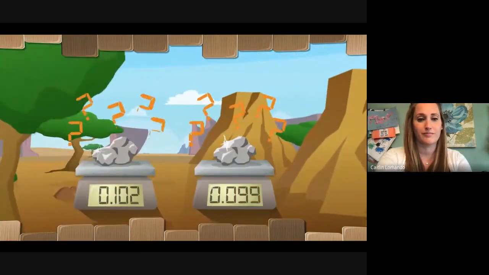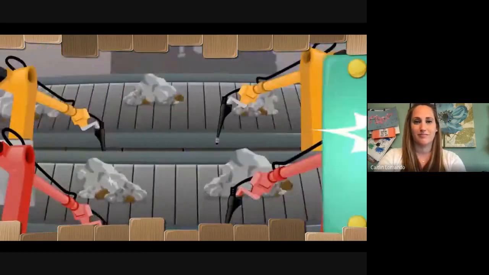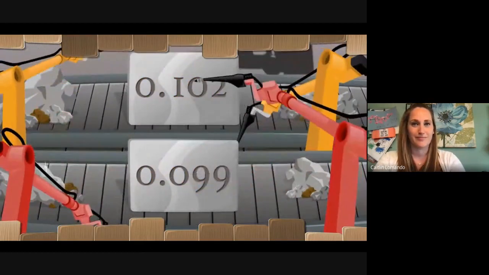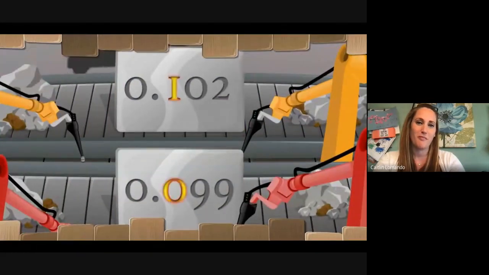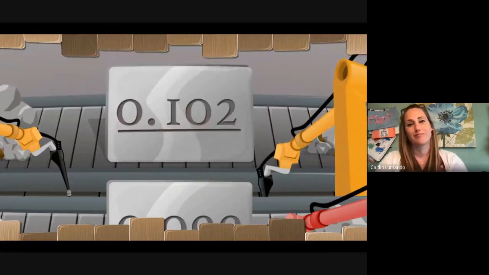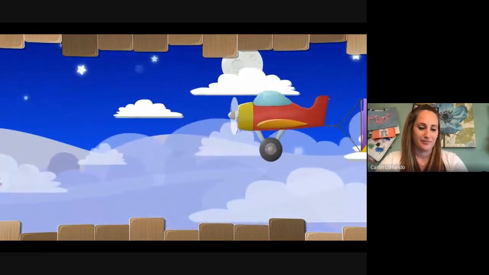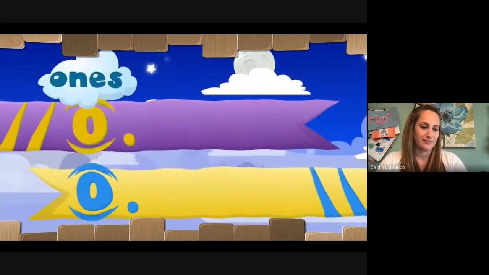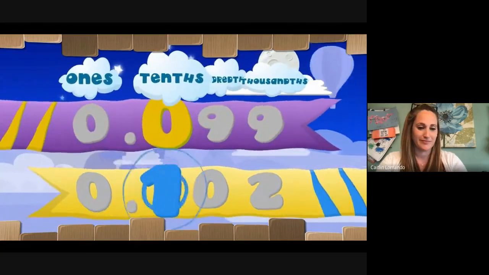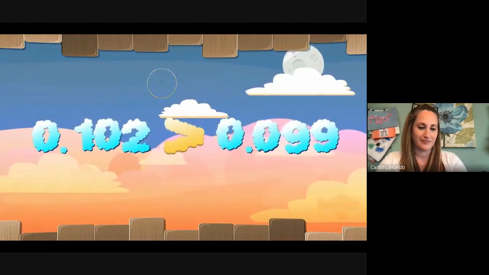Which one contained the greater contents? To order them, I looked left to right and found the first place that was not alike. One's bigger than 0, so of the 2, 102 thousandths was the greater value.